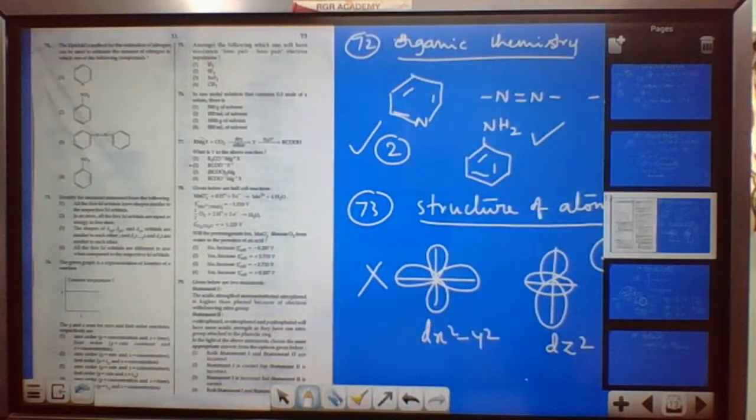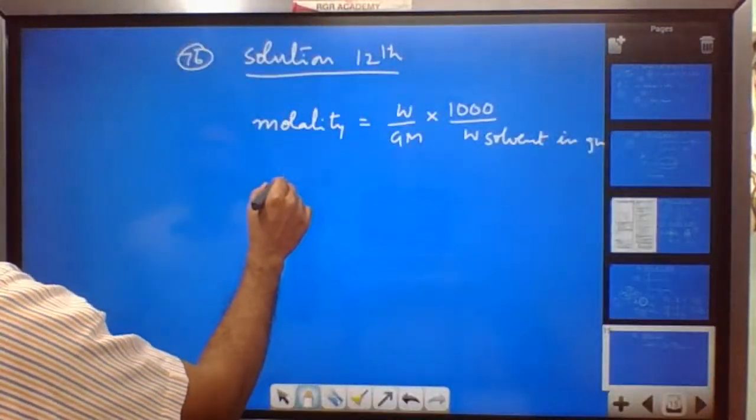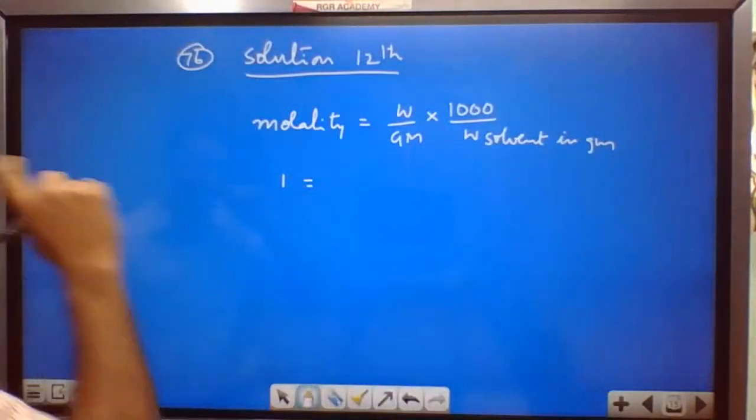Then they gave question here: 1 molar solution that contains 0.5 moles of a solute, there is 500 grams of solvent, 100 ml of the solvent, 1000 grams of the solvent, 500 ml of the solvent. 1 molar solution. You see that? Molality is 1. 1 molar means molality is 1.